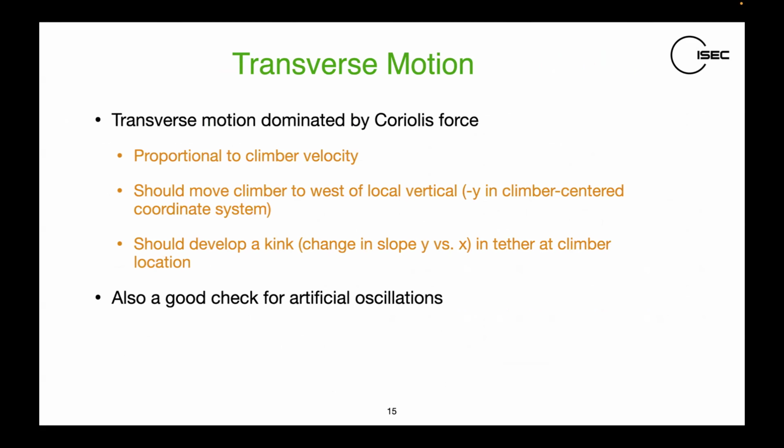This is going to be proportional to the climber velocity. And the tether should develop a kink. In other words, the slope in the tether should be relatively large below the climber and get smaller above the climber. And this is also a good check for artificial oscillations.